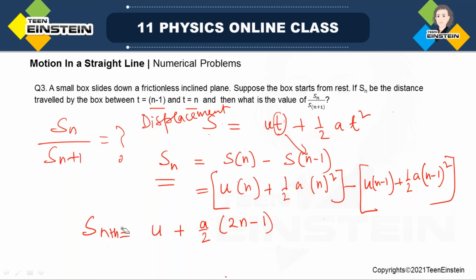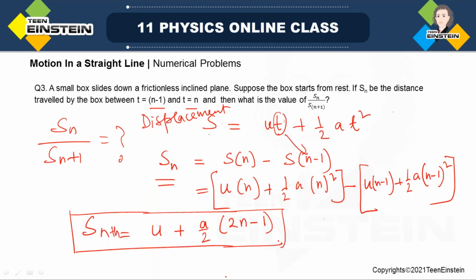You have to remember it. If you do all these derivations in the exam, you may not get time, so better to remember this. This is the formula to find the displacement of any object in the nth second, where a is the acceleration and u is the initial velocity.